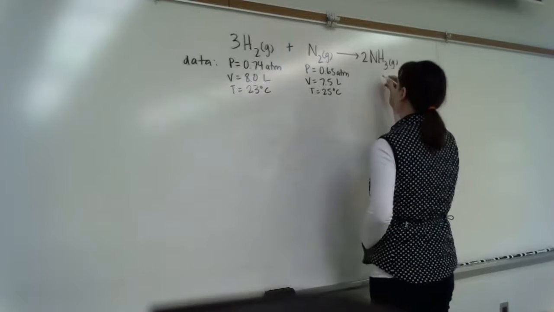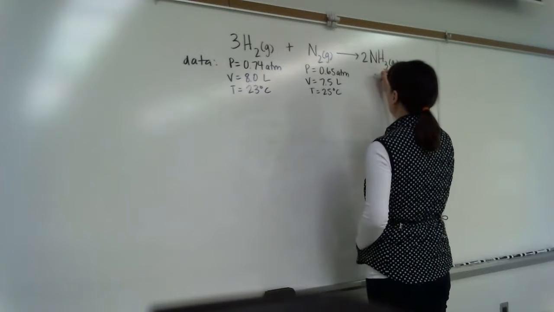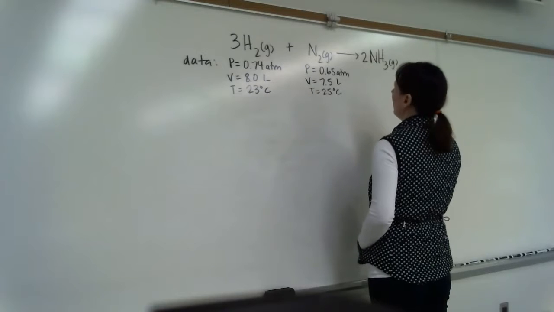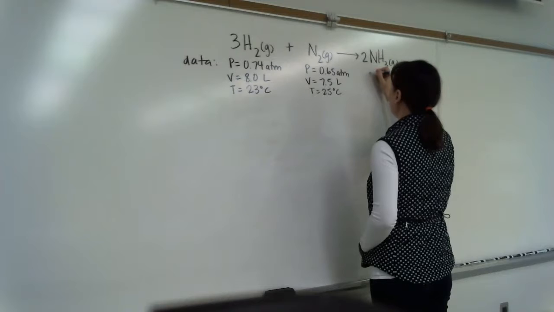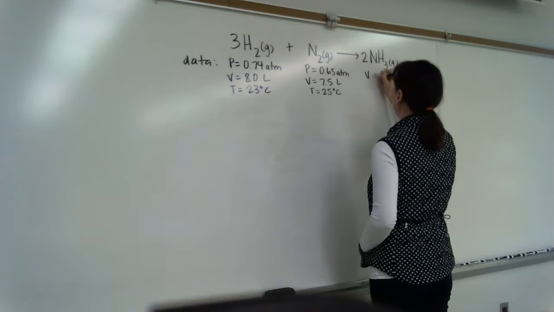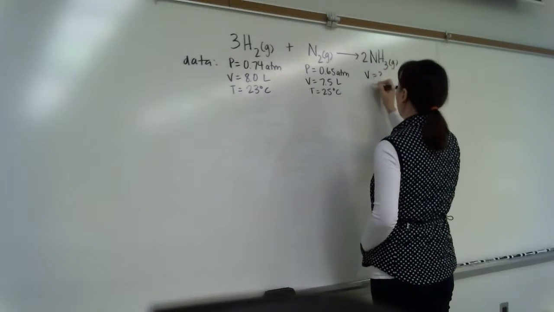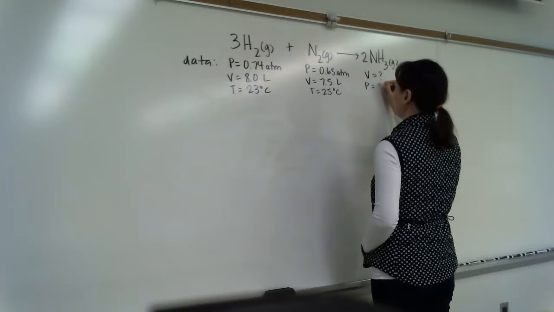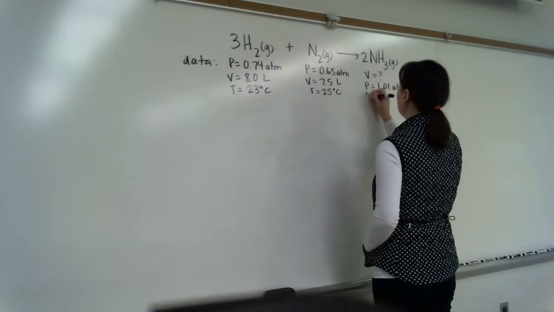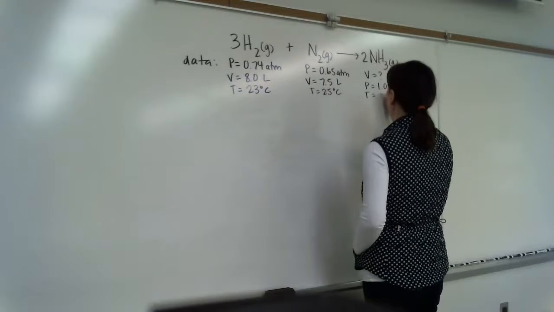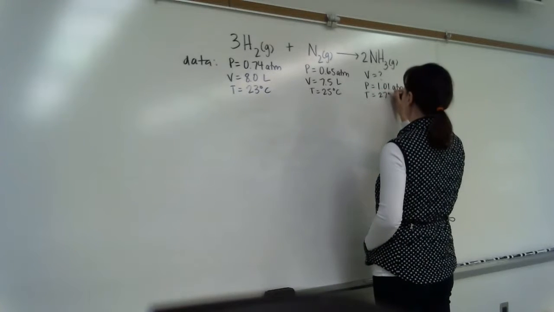And I want to know, let's just say for fun, what is the volume if the pressure here is 1.01 atmospheres and the temperature is 27 degrees Celsius.